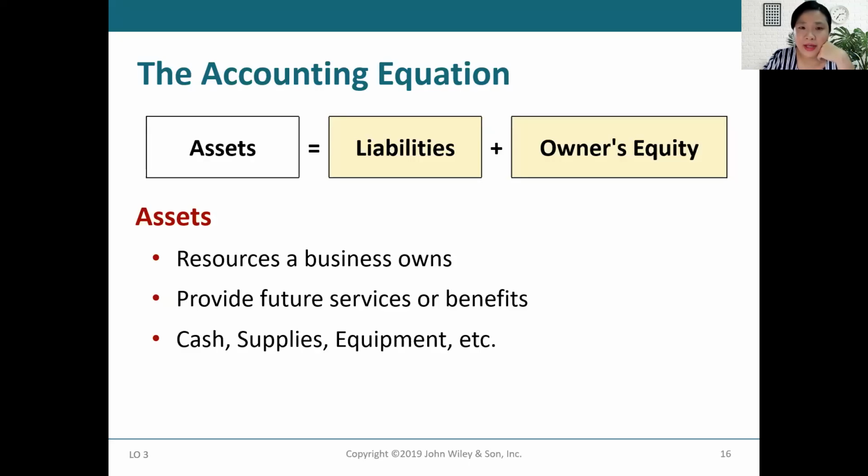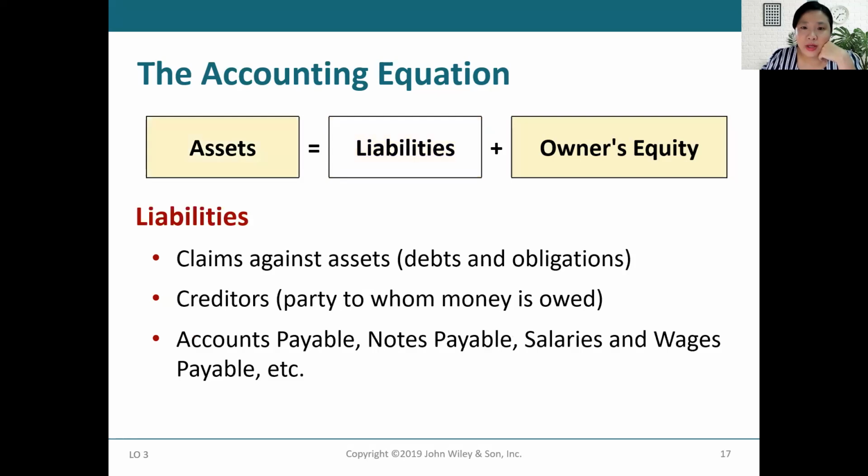All right, so let's look at the PowerPoint again. We talk about assets. We talk about liability, which is the debt or obligation. We have accounts payable, notes payable, salary and wages payable, interest payable. We have a lot of payables. If you see the word payable, it means it's liability.